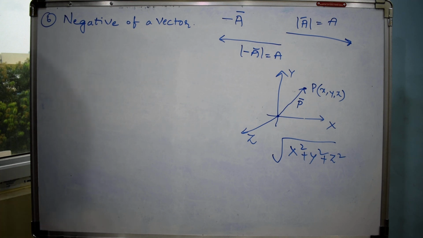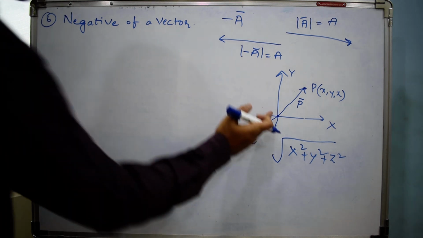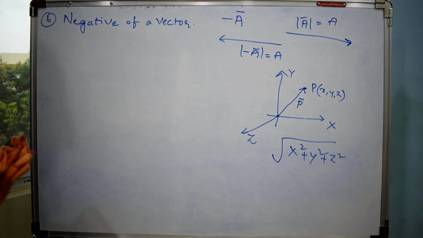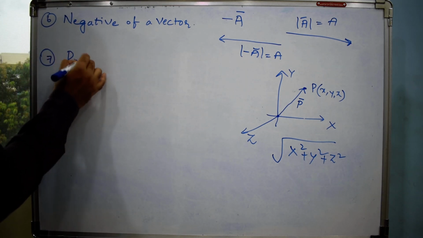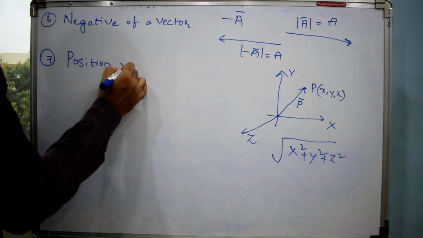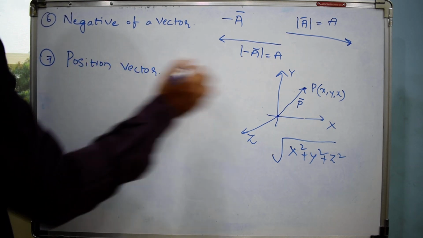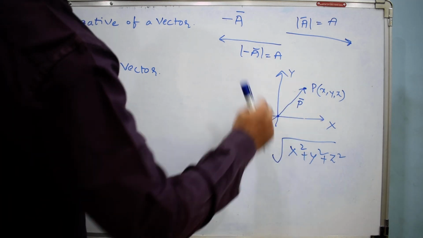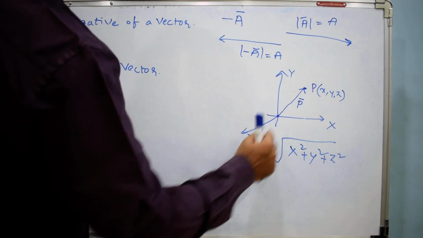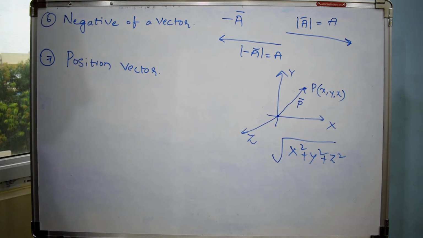It gives us the distance of that point from the origin, as well as the direction in which it is present. That's what position vector is. So you need to understand the meaning of a position vector.